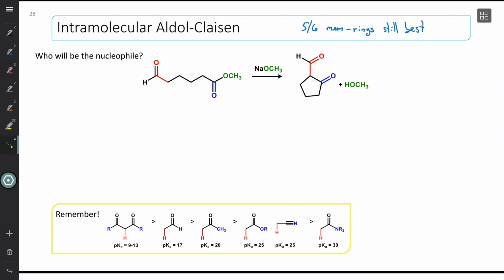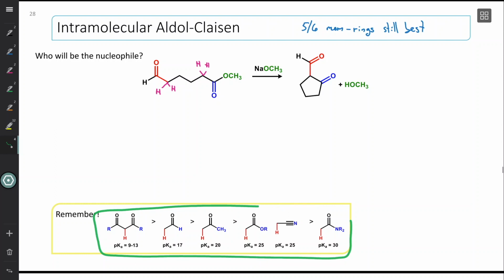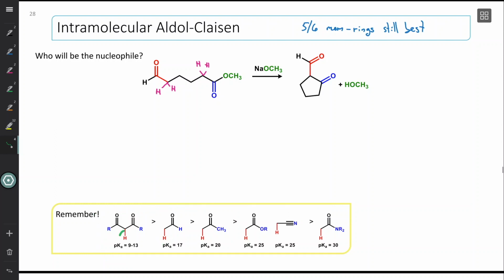Also, who's going to become the nucleophile really depends on who's going to get deprotonated first to make the enolate. And remember from when we first looked at enolates, right? The acidity of this proton changes with the structure. So if you're between two ketones, you're really super acidic. And then if you're an aldehyde, you're very acidic as well.